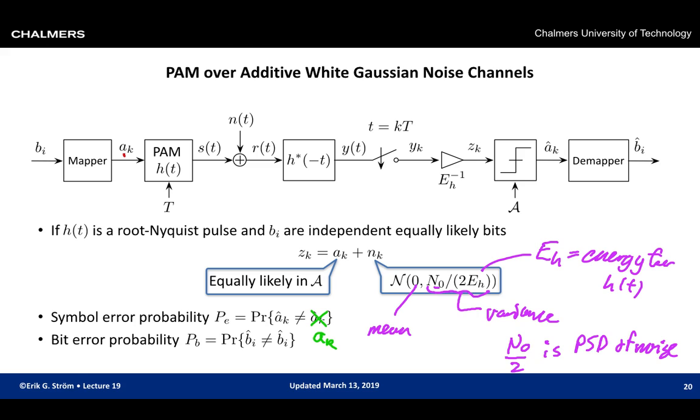We are also interested in the probability that the output bit is not equal to the input bit, and that's the bit error probability. Same typo here, B_I. Sorry.